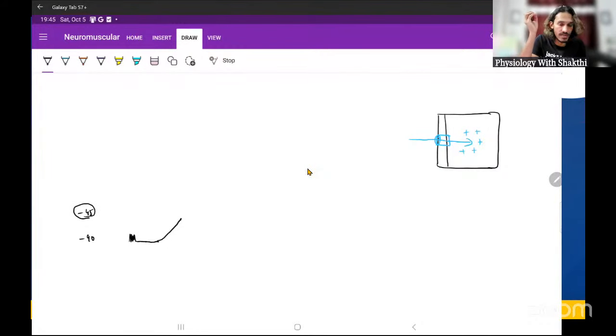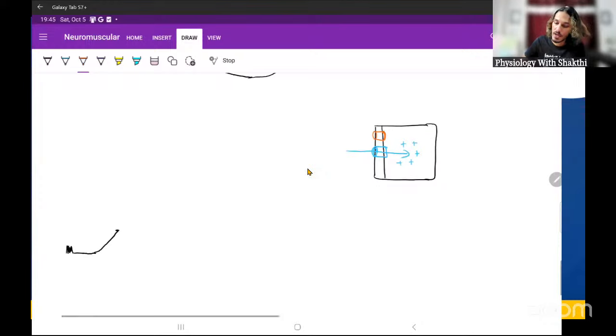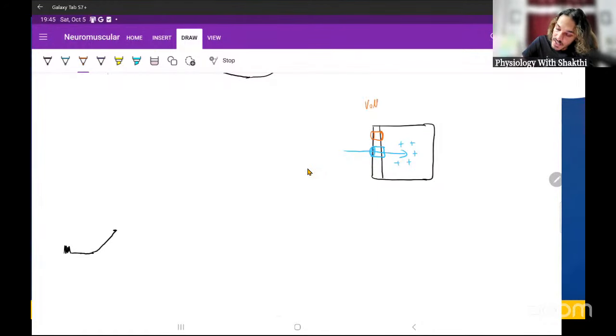So this is where you have to understand, when you reach the threshold, there are particular separate sodium channels which are existing over here, which are called voltage gated sodium channels. These channels have a particular gating mechanism which covers it on top.